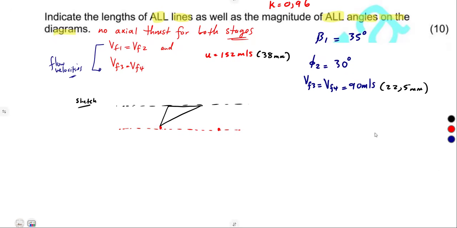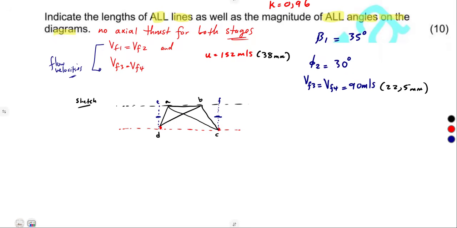From A, B, C, D, C and D will be on the same horizontal line for us to have these flow velocities equal, from D to E and from C to F. They are identical, equal. So that is what you are going to need, must be horizontally given.